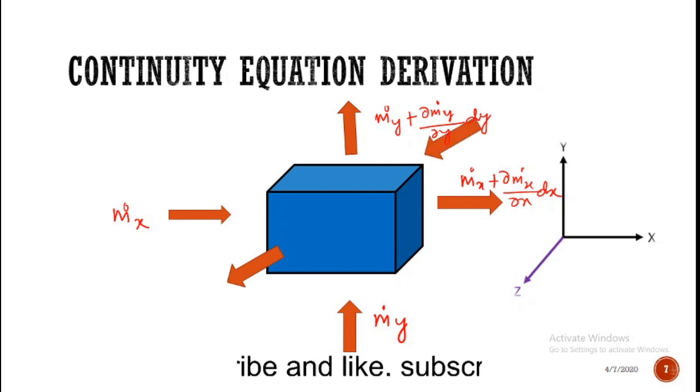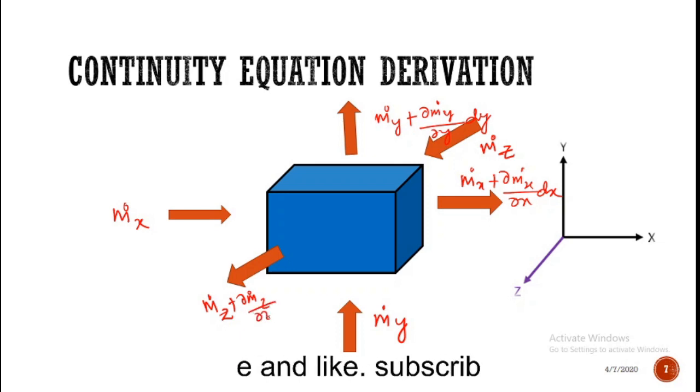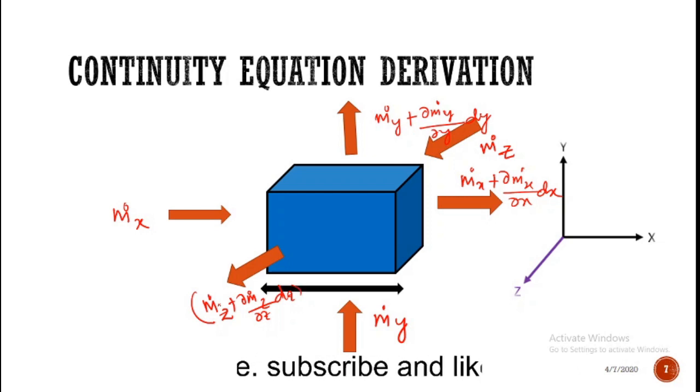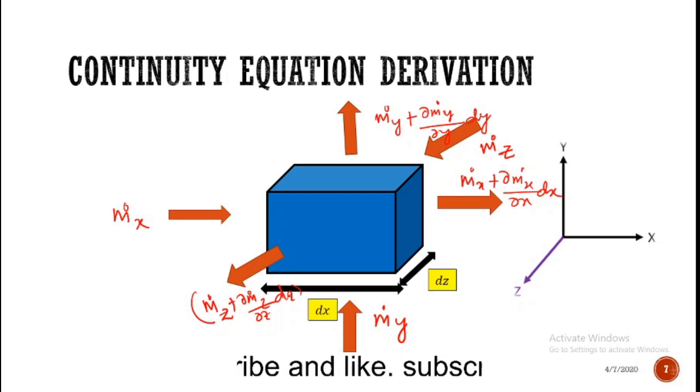Some mass is flowing into this system in the z direction, that is m dot z, and there is some out of the system, that is m dot z plus d m dot z by dz into dz. Suppose this is my dx, this is my dz, this is my dy.